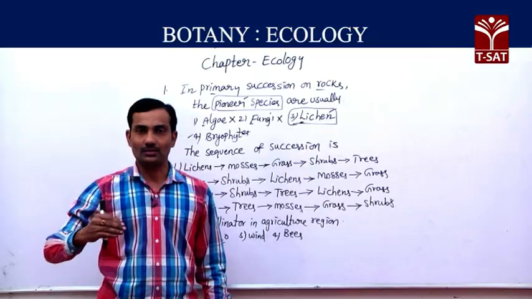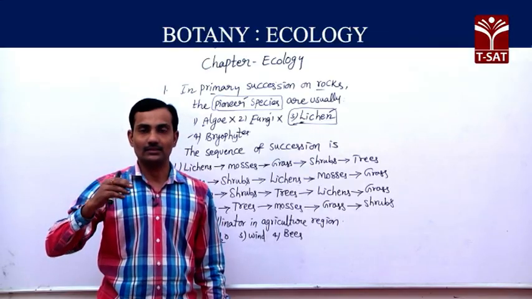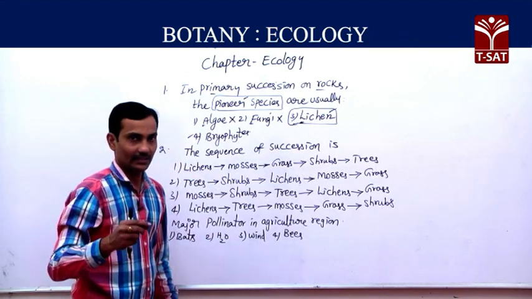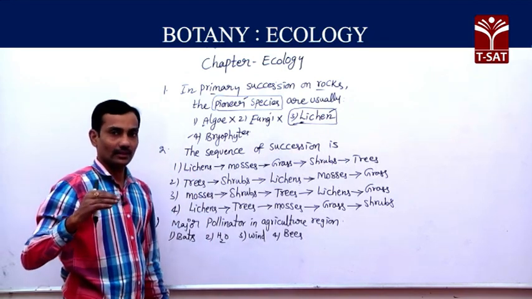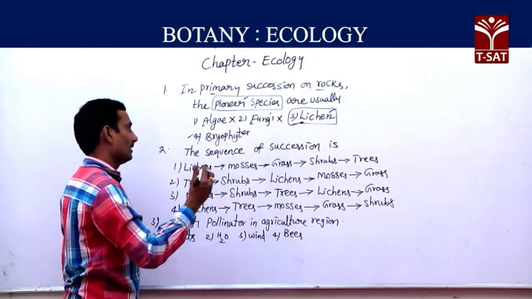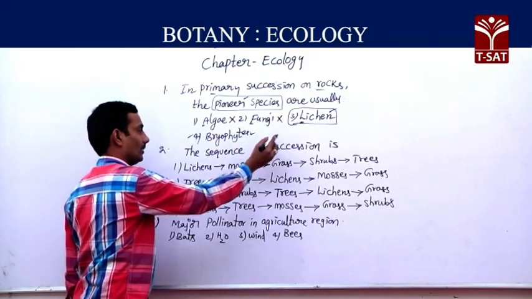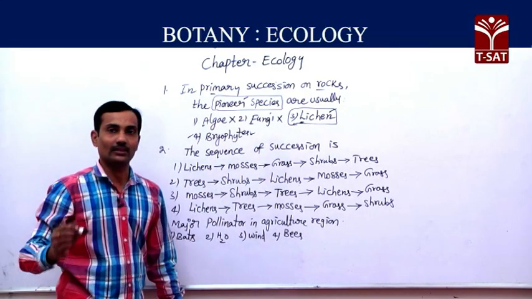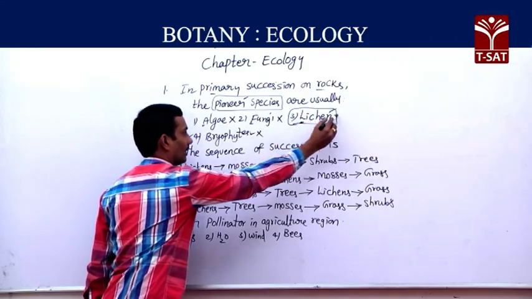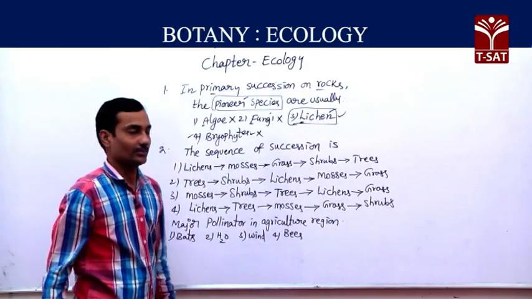So the first to colonize on rocks is lichens only. These lichens help the development of the next plant community, like bryophytes. After lichens, bryophytes we can find, but bryophytes is also wrong. Lichen is the correct option.